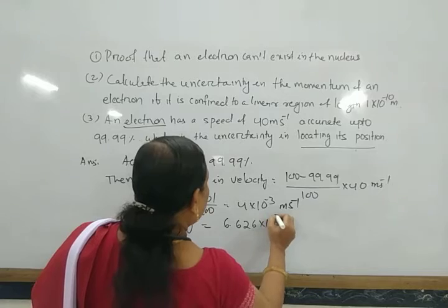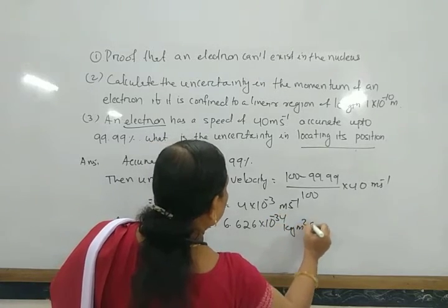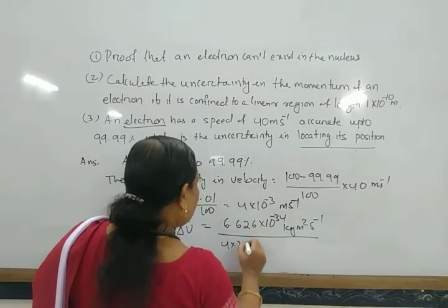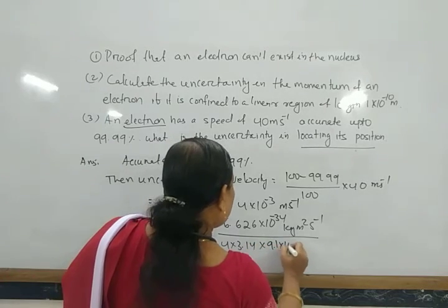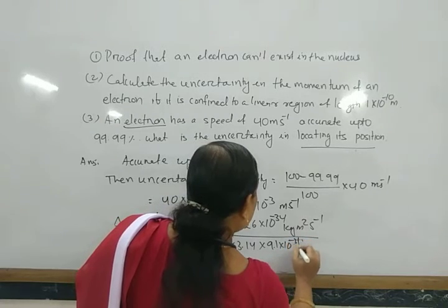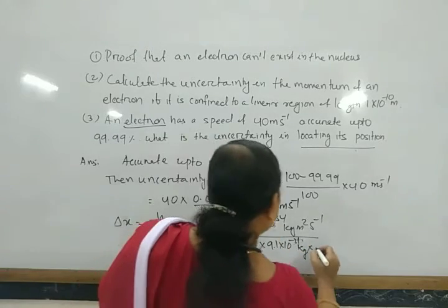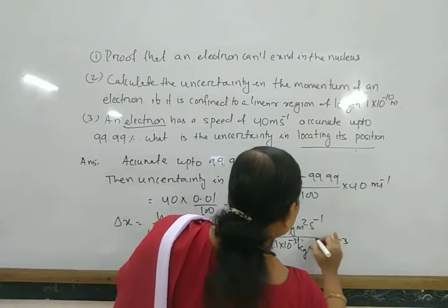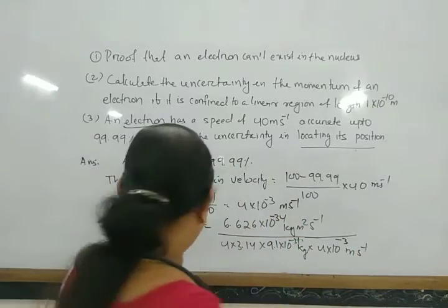6.626 into 10 to the power minus 34 kg meter square second inverse divided by 4 into 3.14 into 9.1 into 10 to the power minus 31 kg into del v, that is 4 into 10 to the power minus 3 meter second inverse.